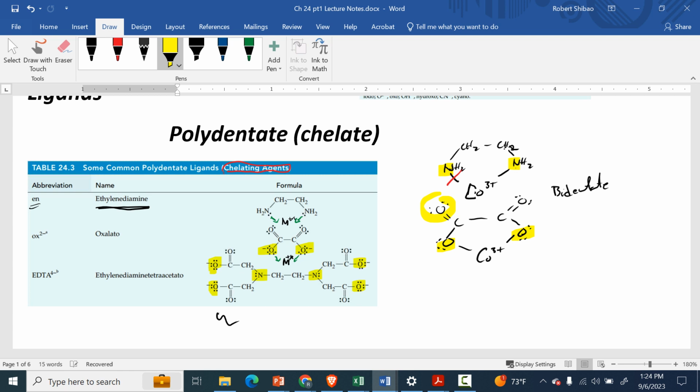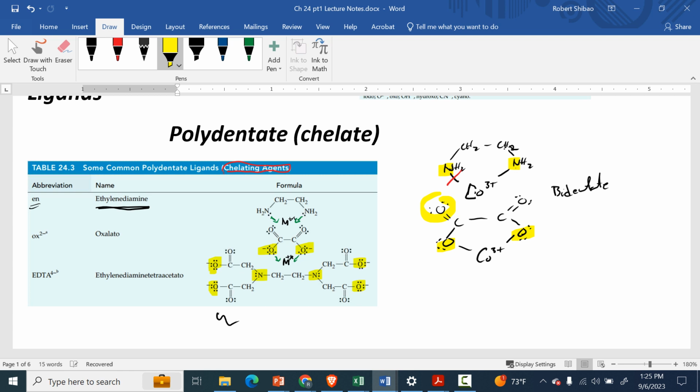The reason is because of its shape. When we look at the shape, this oxygen is actually on the opposite side of this thing. And if we flip it over, maybe we could put this sideways, then maybe we could get the two oxygens in the same proximity.